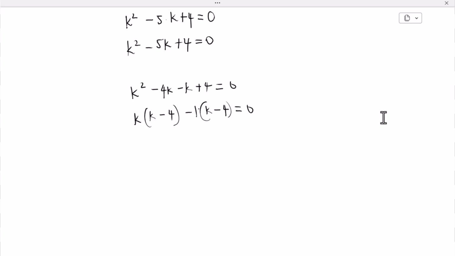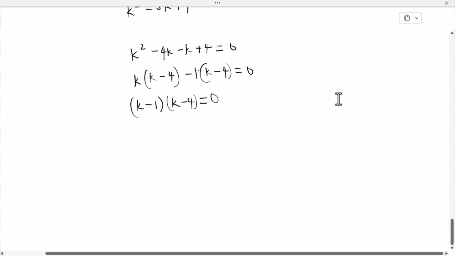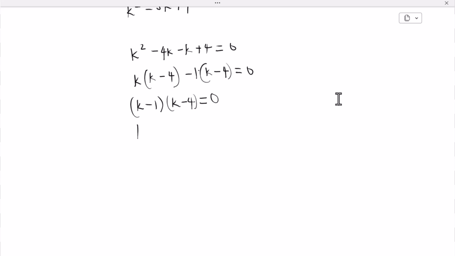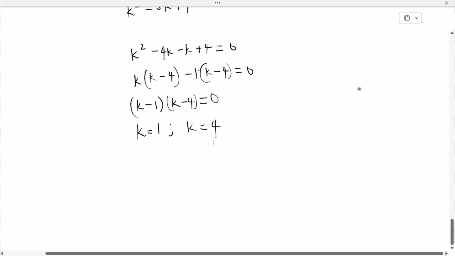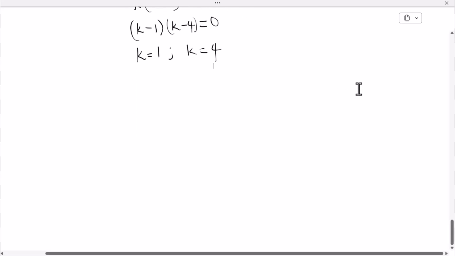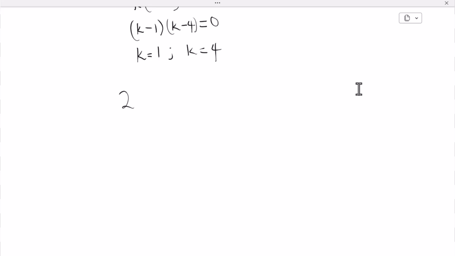Now when I simplify this, I'm going to have k minus 1 in one bracket and k minus 4 in another bracket is equal to 0. Now when I solve for k, it will give me 1 or k will give me 4. Good. So let's go ahead. But we say that 2 to the power x is equal to k from our earlier statement.